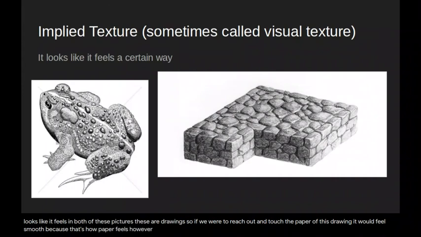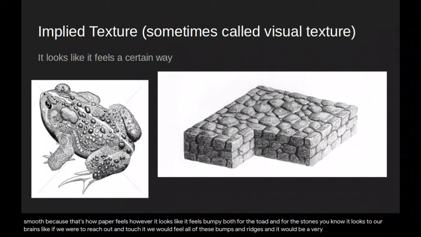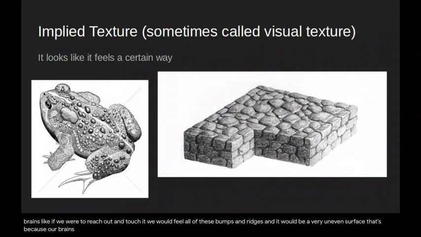However, it looks like it feels bumpy, both for the toad and for the stones. It looks to our brains like if we were to reach out and touch it, we would feel all of these bumps and ridges, and it would be a very uneven surface. That's because our brains know how to translate texture even when it really isn't there.